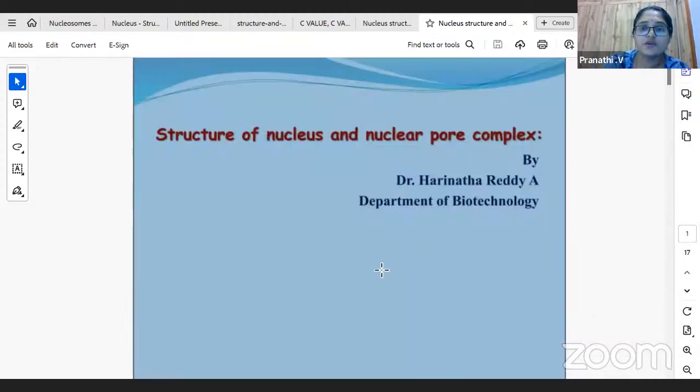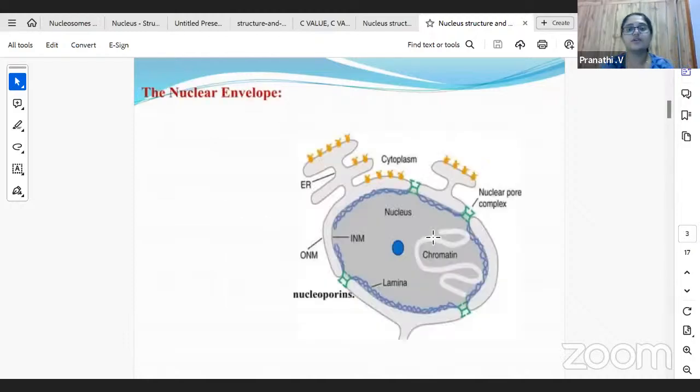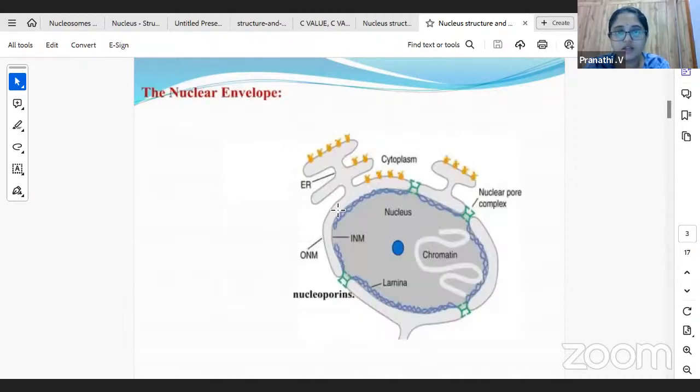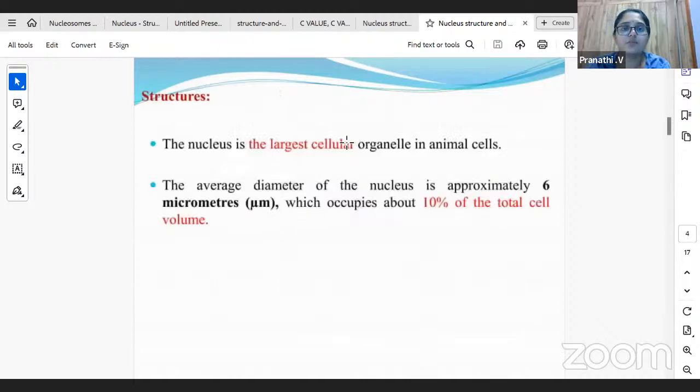Right. So when it comes to the structure of the nucleus, we've already seen it is in continuity with the endoplasmic reticulum, like I told you. At the same time, you have nuclear pore complexes. It is usually the largest cellular organelle in the animal cell. It's nearly 10% of the volume, like I told you, and is around 6 micrometers.